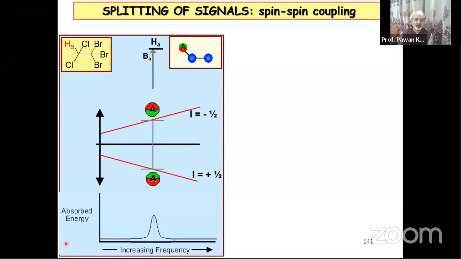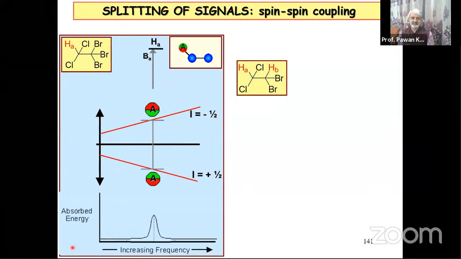BA already takes into account the contribution of the applied magnetic field and the induced magnetic field. So due to this, there would be one particular energy difference between the low energy state and the high energy state, and transition can take place. This is the aligned state, this is the opposed state. When the radio frequency energy matches the energy difference between the aligned and opposed states, resonance takes place and we'll get an NMR signal, a singlet.